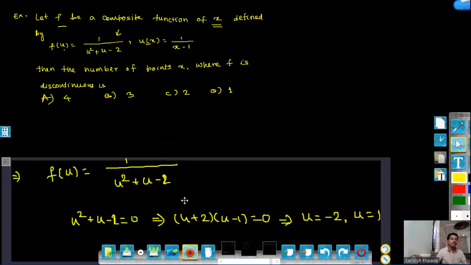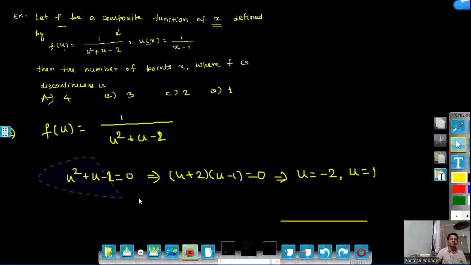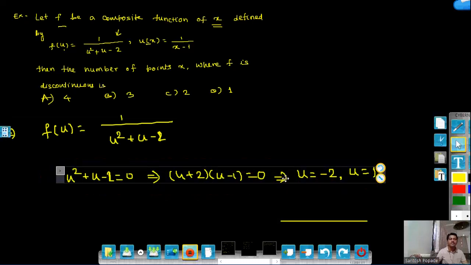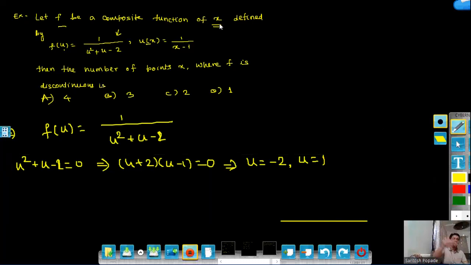But we are interested in the values of x. Remember that we have to find the number of points x where the function is discontinuous. So here we have calculated the values of u at which f is discontinuous, from which I can get the values of x. So I can take u equals minus 2 and, using the formula for u of x, find the corresponding values of x.